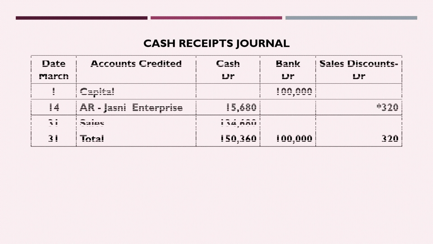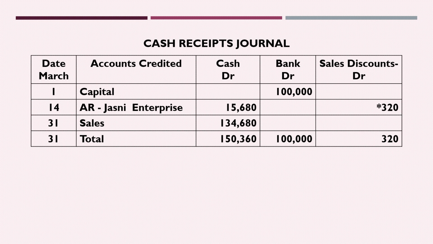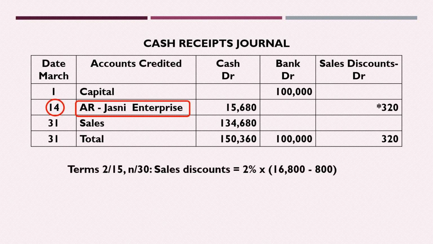Then we check the cash receipt journal. In the cash receipt journal, we can find that on 14 March, we received payment from Dani Enterprise. Because of the credit terms 2/15, n/30, Dani Enterprise is eligible for a sales discount of 2%, amounting 320.